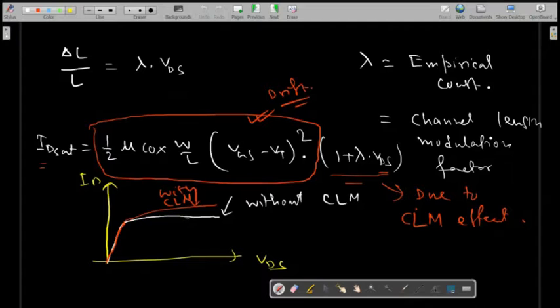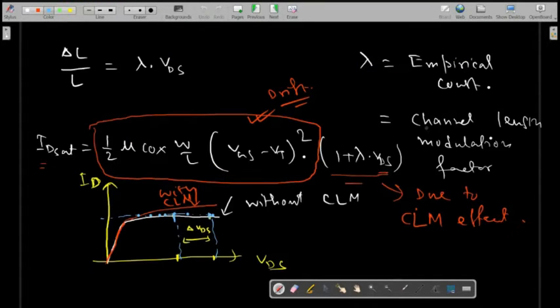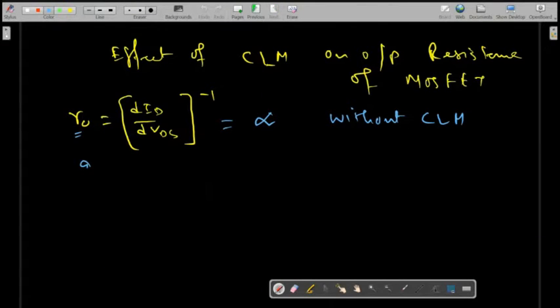What is the value of del ID by del VDS without CLM? Suppose I am varying VDS from this point to this point, what is the variation in ID? Without channel length modulation effect, the output resistance will be infinite. And if I write GD, that is conductance, the inverse of this, that will be 0. This is without CLM.